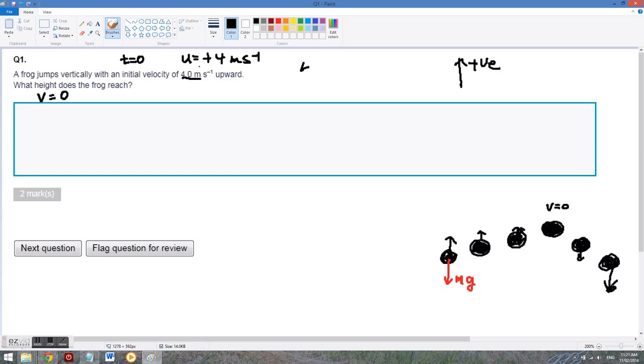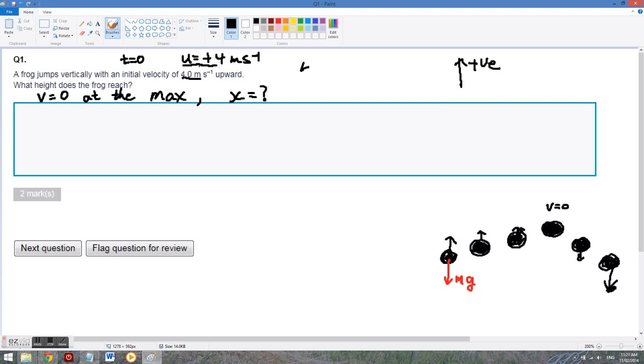So when they ask for the maximum height, we have to recognize your final speed will be 0 at the maximum. v equals 0 at the maximum height. Now we need to find x.